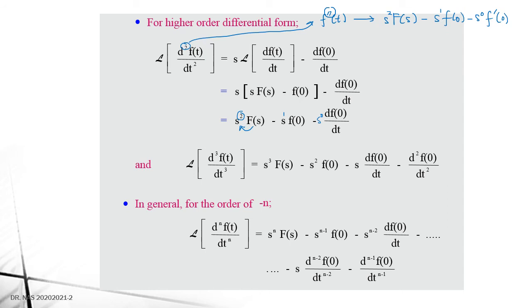Let's look at when you have a triple prime. When you have the power of 3, f triple prime of t, in the s domain it will be s cubed F(s) minus s squared f(0) minus s to the power of 1 f prime(0) minus s to the power of 0 f double prime(0).